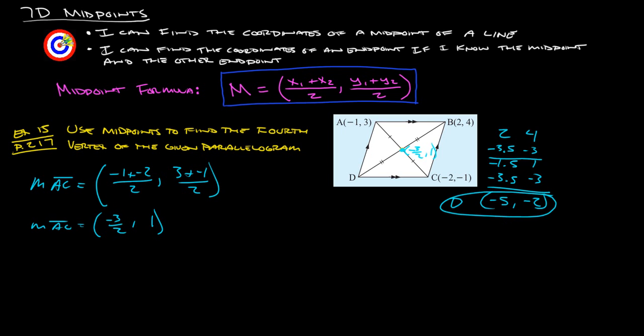Alright. One other way that you could try this out is to just figure, okay, to get from here to here, so to get from B to A would be the same thing as getting from C to D, since it's a parallelogram. So to get from 2 to -1, and to get from 4 to 3, what do you have to do to 2 to get to negative 1?